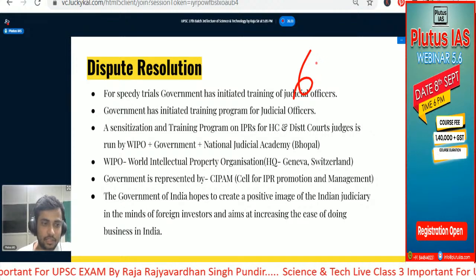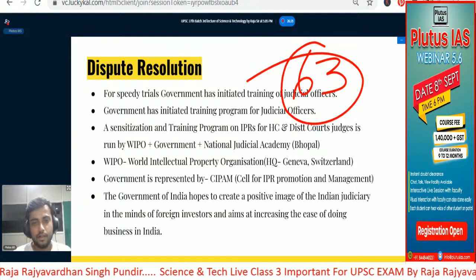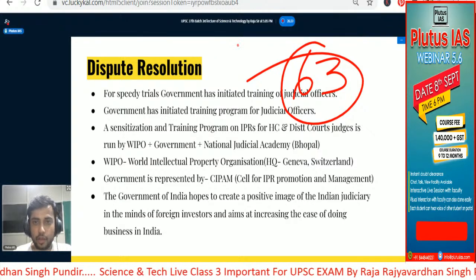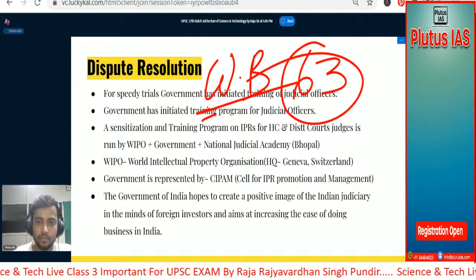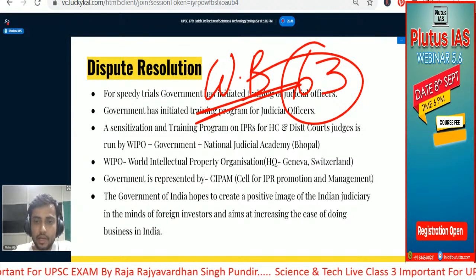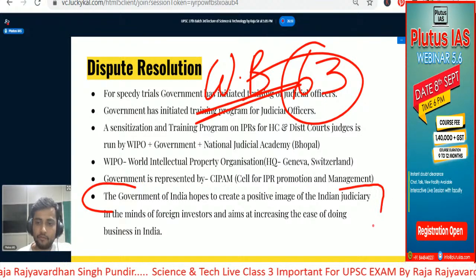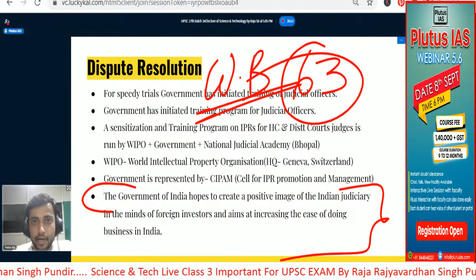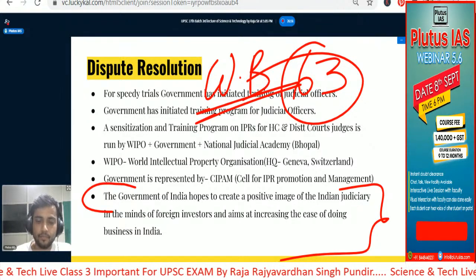No, I mean it is 63. Sridharan is right. And this ease of doing business ranking is released by the World Bank. So India wants to improve its ranking, and for this reason we are doing all these efforts, because Modi ji wants foreign companies to establish their base in India.